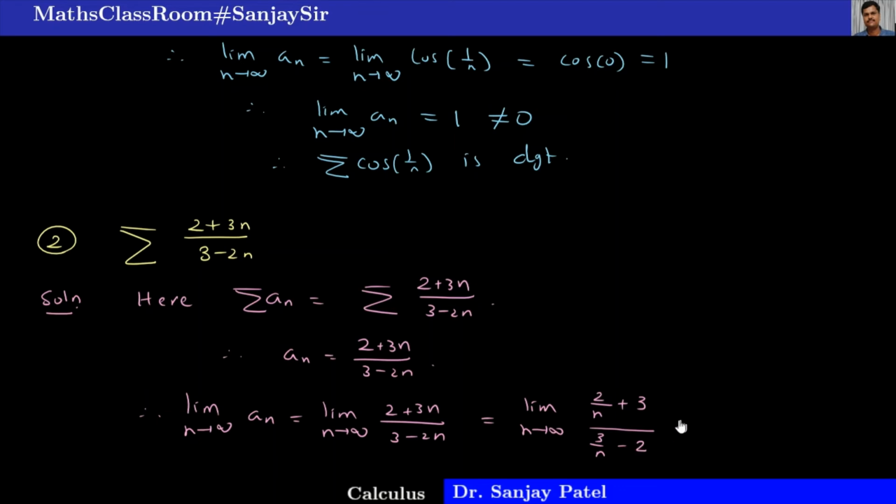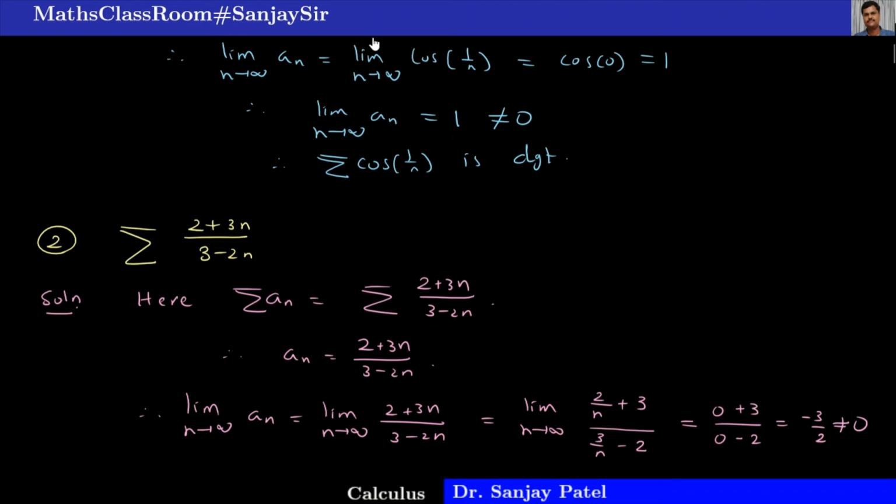As a result, we can write down the limit of this as n tends to infinity. 2 by n goes to 0, and 3 is constant, remains as it is. And 3 upon n also tends to 0 as n tends to infinity, and the minus 2 remains as it is. So the final answer is minus 3 by 2, and it is not equal to 0. So what is the conclusion?